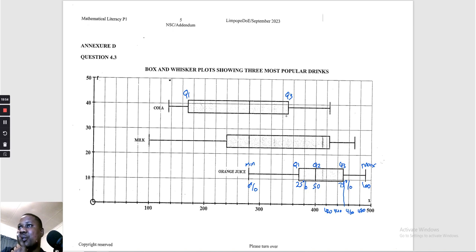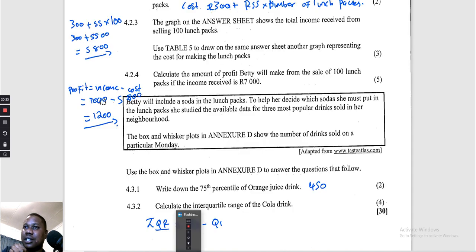But in between what? We have 300 and 400. So we have 320, 340, 360, 380. Quartile 3 is between 340 and 360. It means our quartile 3 is 350.